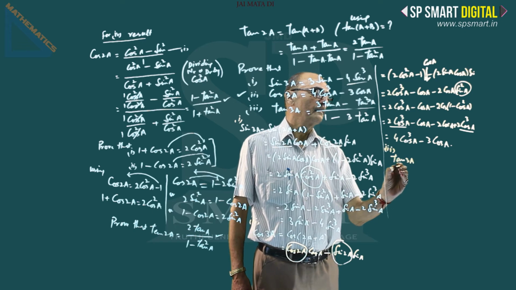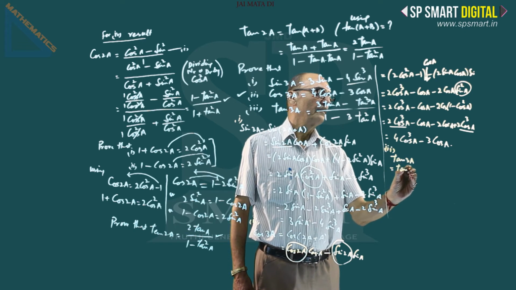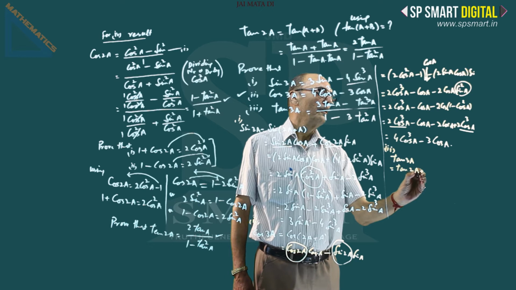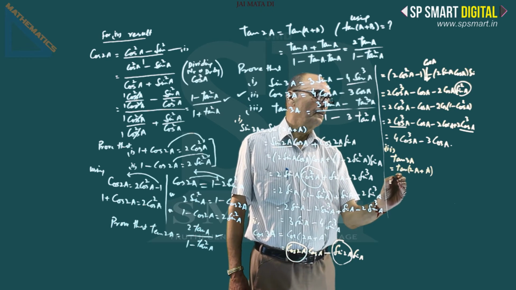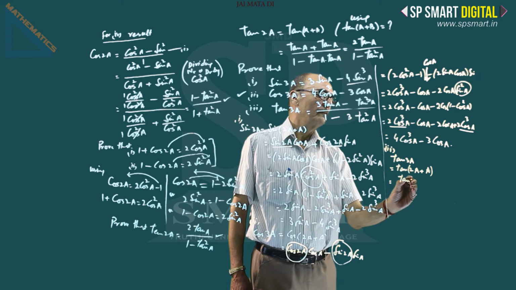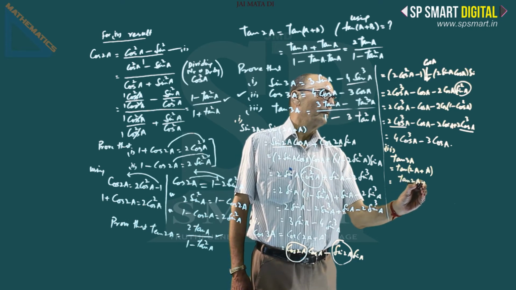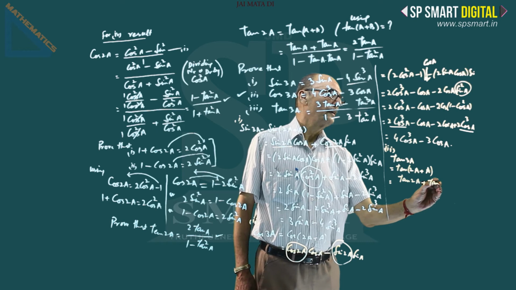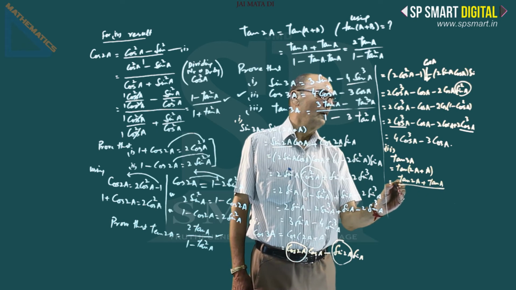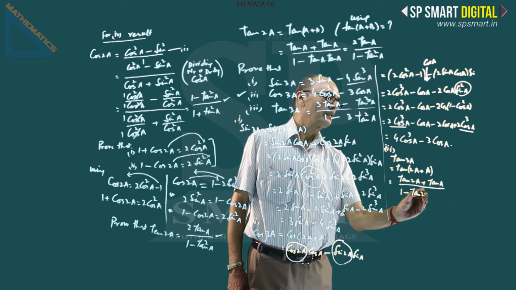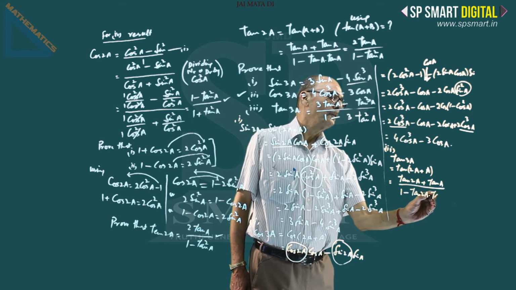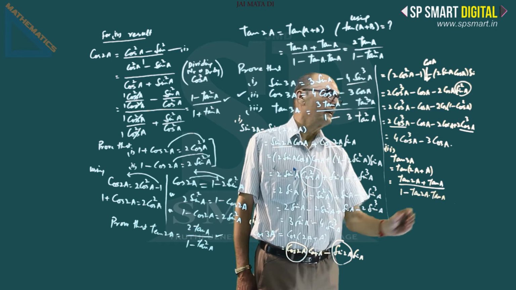Tan 3A can be written as tan of 2A plus A, or this is equal to tan of the first angle plus tan of second angle upon 1 minus tan of first angle into tan of second angle.